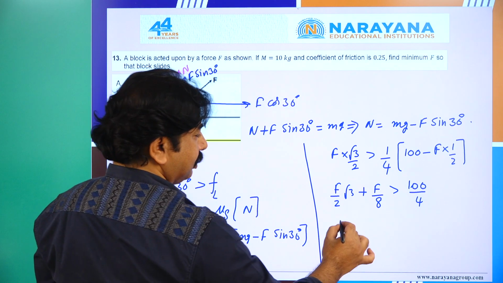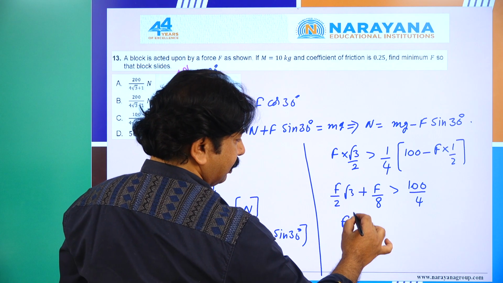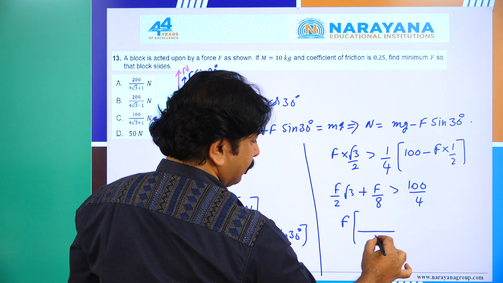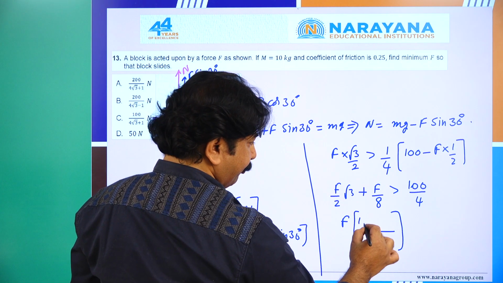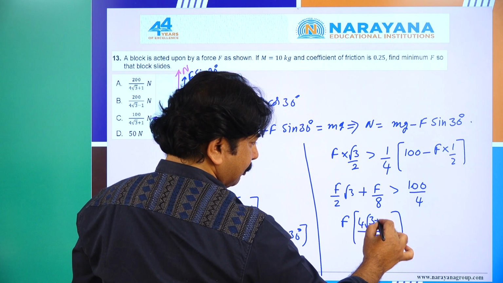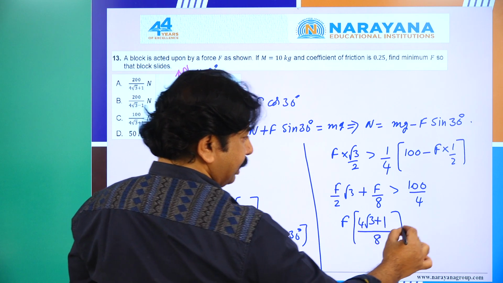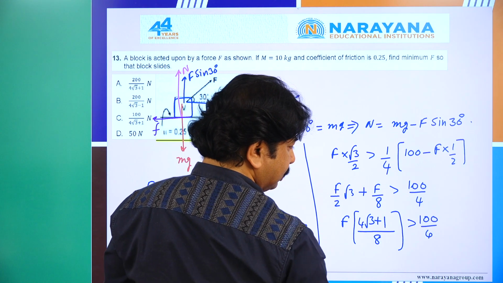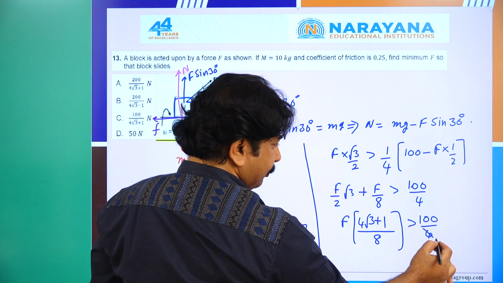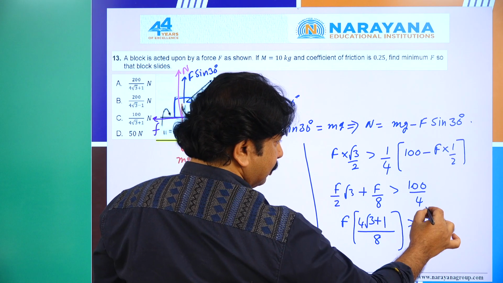We know, so F of total: (4 root 3 plus 1) by 8 should be greater than 100 by 4. Now the calculation part: it is the 25.